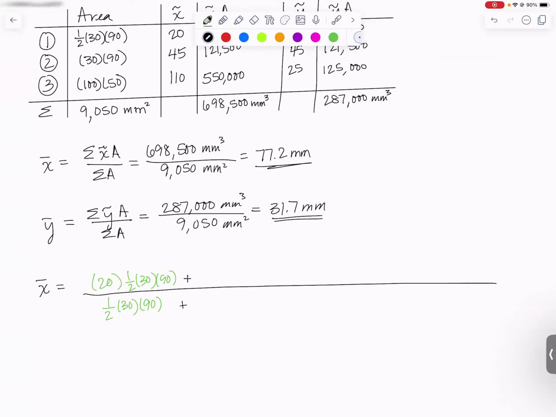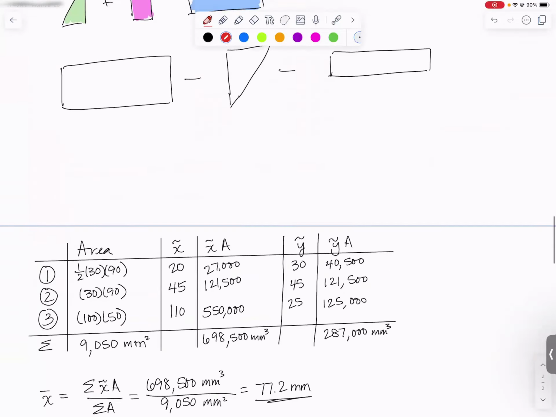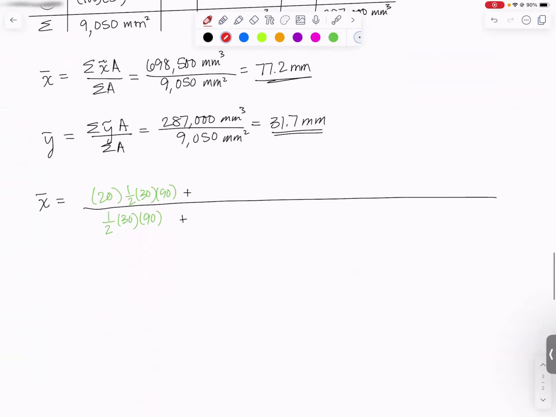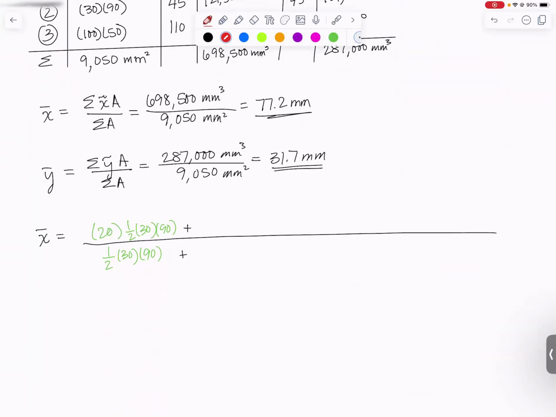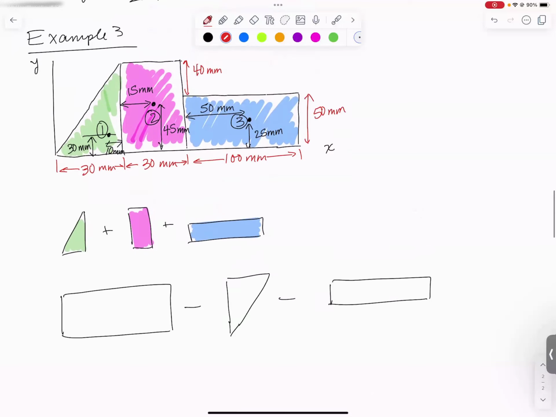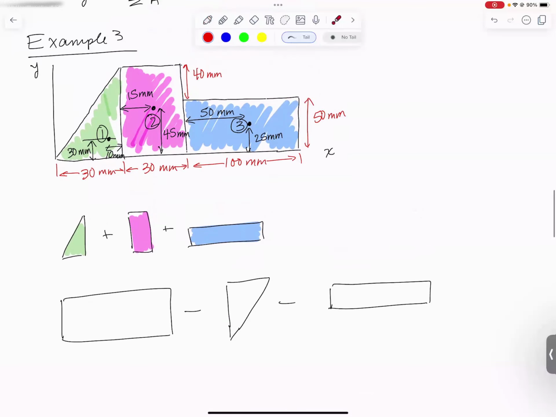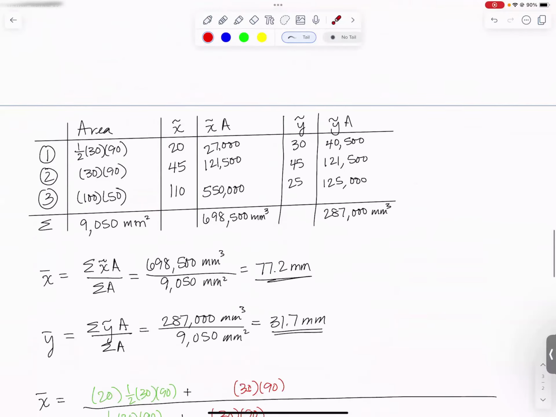Repeat for my other two shapes. For the pink rectangle in the middle, my area was 30 times 90. So on the bottom, I'll have 30 times 90. On the top, I'll have 30 times 90 times something else. And that's the x coordinate of the centroid, which we figured out was 30 millimeters plus 15 more, or 45 millimeters.